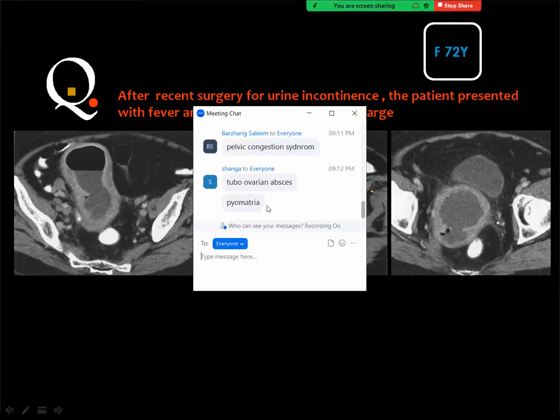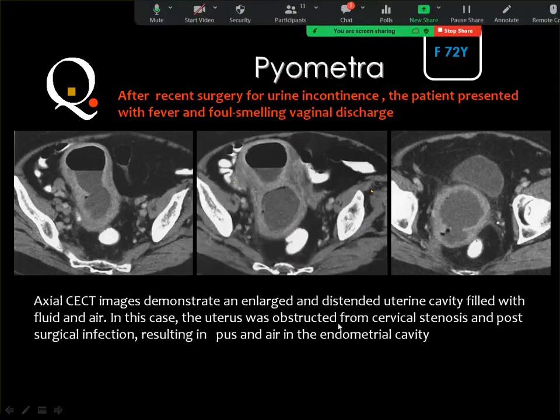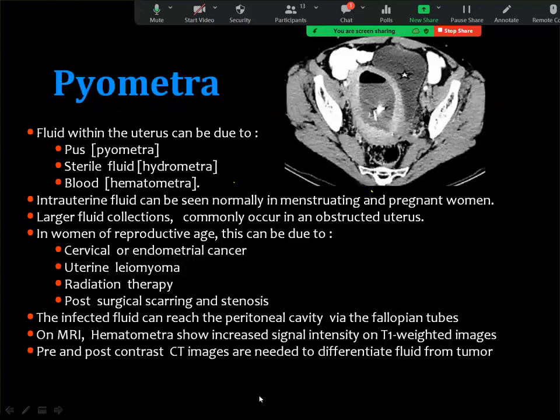Yes, the right answer is pyometria, and this is actually an infected uterine cavity. It looks as if the uterus itself became an abscess. It contains pus and also some air fluid level with thick enhancing margin and some stranding of the surrounding fat.